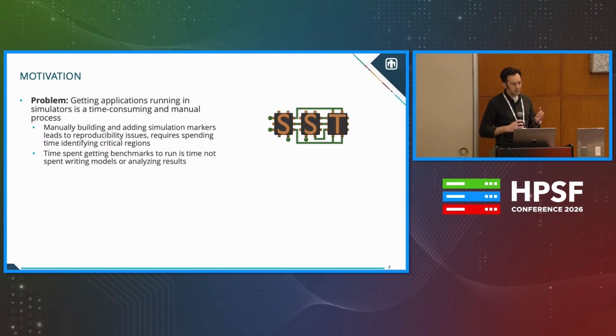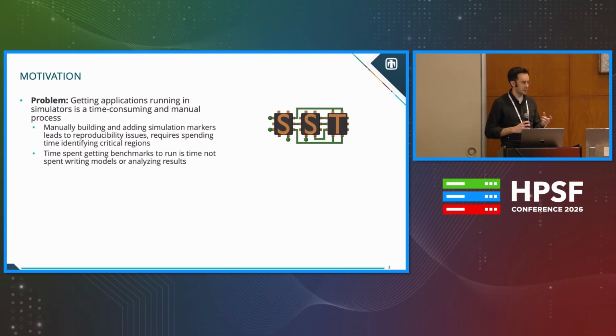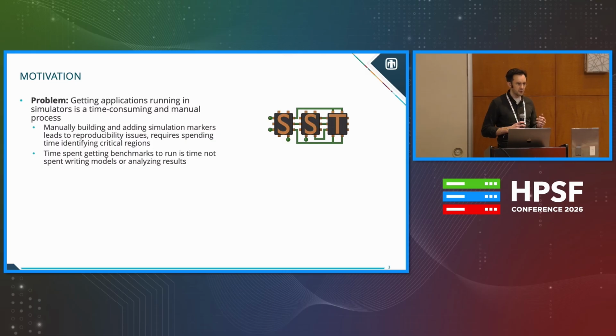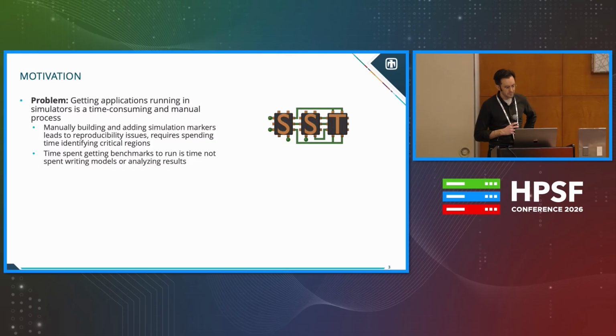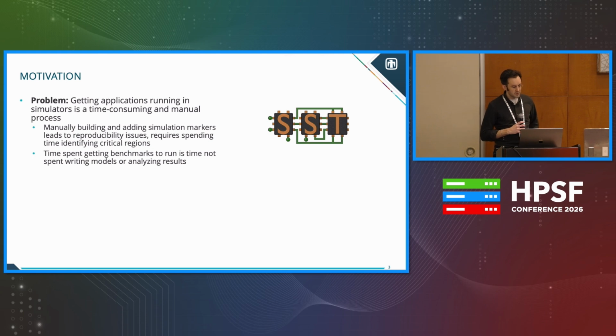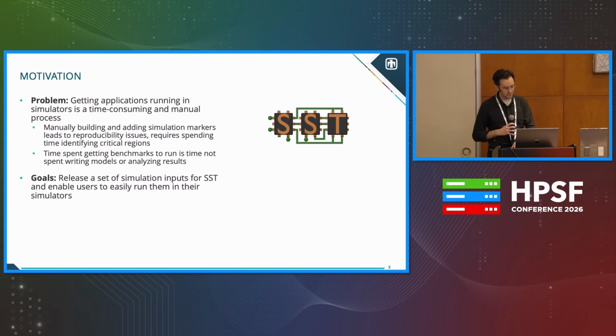As well, you need to spend time identifying your critical regions, saying here's what I want to simulate. You have to mark that in your code typically. So that's a time-consuming process that slows people down from getting that simulator up and running. And all that time spent on getting benchmarks to run is time spent not doing research and running your simulator and looking at results, etc.